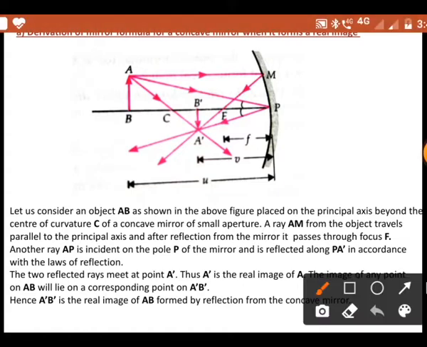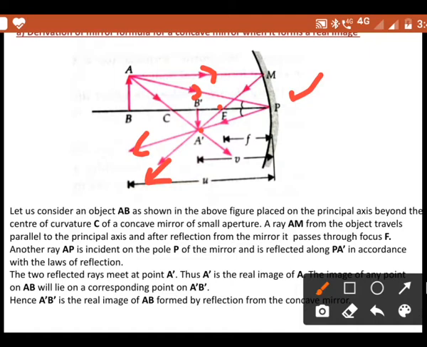The ray AM is traveling parallel to the principal axis, and after reflection it will pass through F. Then another ray AP is incident at the pole of the mirror, so the reflected ray will follow the law of reflection, and the reflected ray will follow in this direction. Both reflected rays are meeting at point A dash, and the image A dash B dash is created.